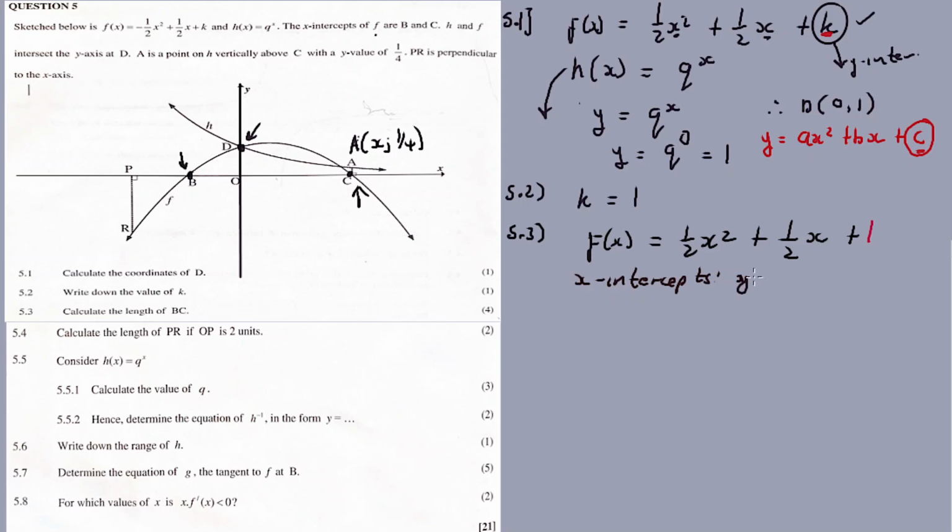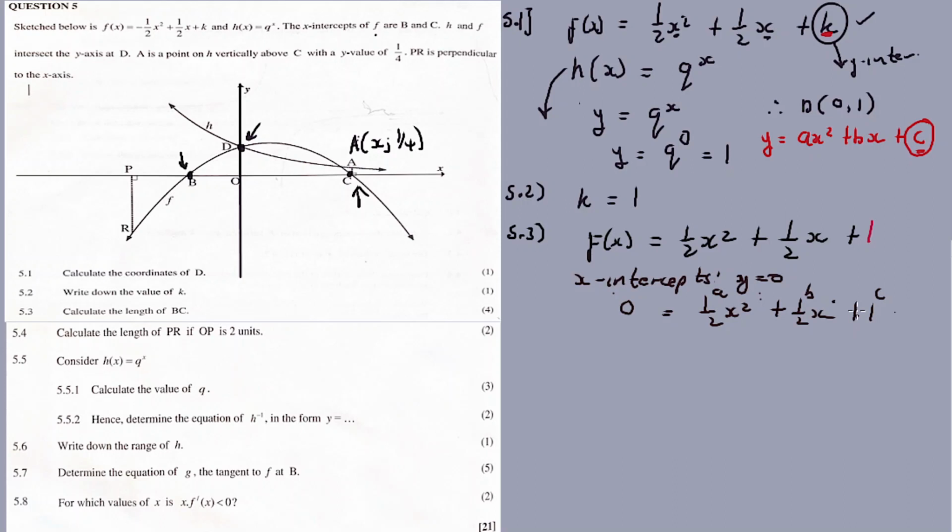For x-intercepts we let y be equal to 0, so we have 0 equals 1 over 2 x squared plus 1 over 2 x plus 1. Then we multiply by the LCM, or you can just say this is my a, this is my b, this is my c, then plug into the quadratic formula. But what I will do is take the LCM and multiply every term by it, including the 0.